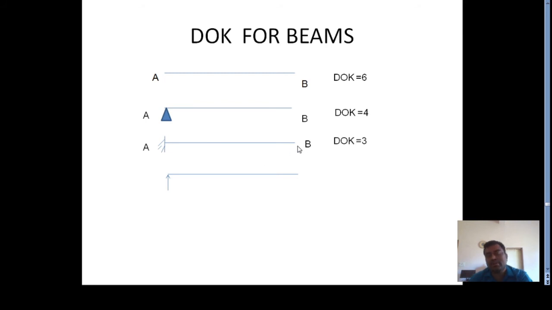This will be the same at support B. H B, V B and M B is the kinematic indeterminacy of 3. Here we have taken the simple support. Degrees of kinematic indeterminacy means only 2 plus 3, that will be 5 degrees of kinematic indeterminacy for AB, the span AB.